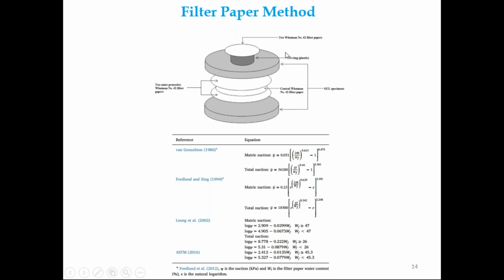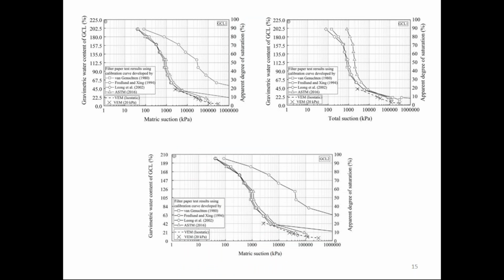After moisture equilibrium, the water content of this filter paper is measured, and the total suction of the GCL specimen is obtained using these calibration curves. So these are the test results for filter paper methods.